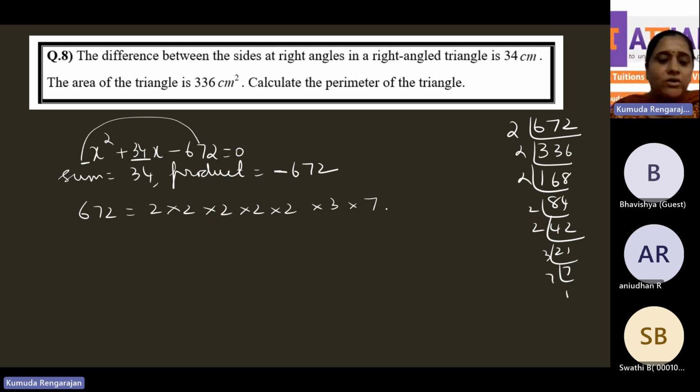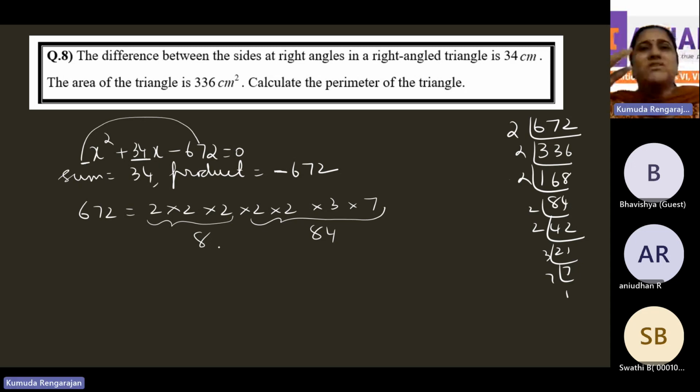Now I'll make one pair of numbers. For example, I take these three, so you'll get 8, and you can take these, 21 into 4 is 84. Now look at these two numbers, 8 and 84. Can you get the sum 34?